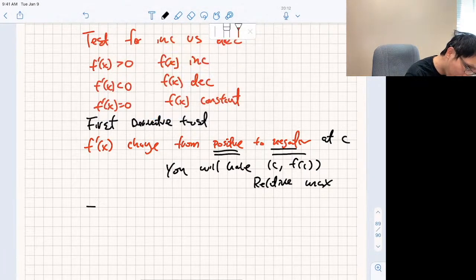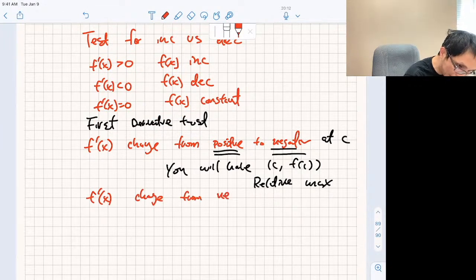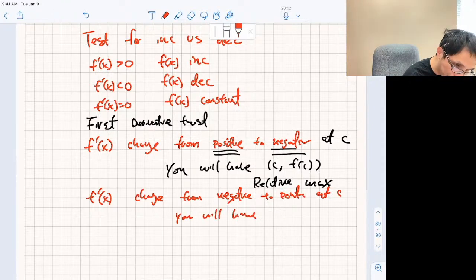And vice versa, if f prime of x changes from negative to positive at c, you will have c comma f of c as a relative min.